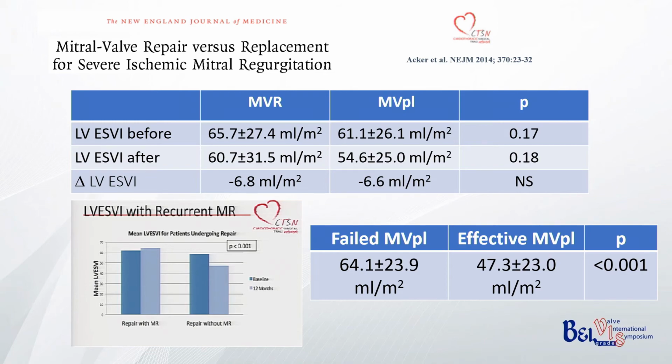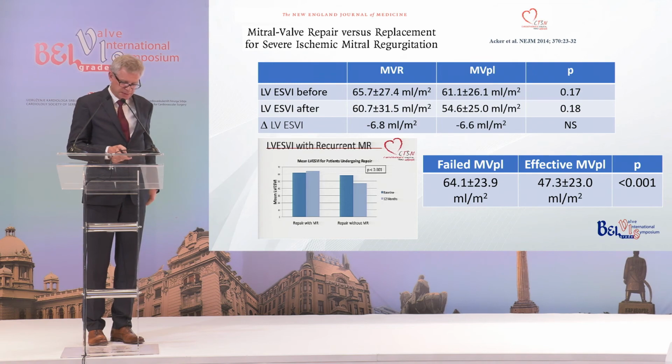Obviously, you may argue that it is the other way around, that actually the patients who had a good or no adverse remodeling had a good result of mitral valve repair, and those who continued to remodel had a relapse of mitral regurgitation. But I would take my chances and say that it might as well be the other way around. If you do a perfect repair, then you would expect a better result.